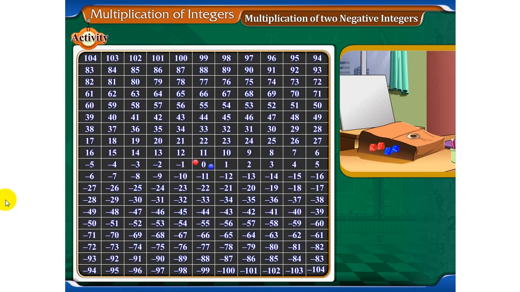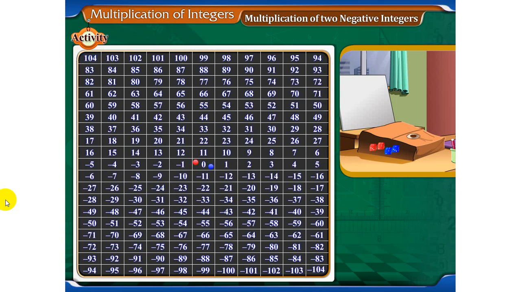Now, each player will take out 2 dice at a time from the bag and throw them. After every throw, the player has to multiply the numbers marked on the dice. If the product is a positive integer, then the player will move his counter toward 104.